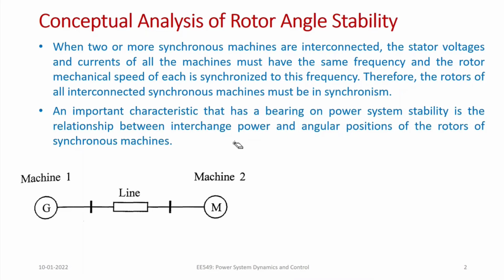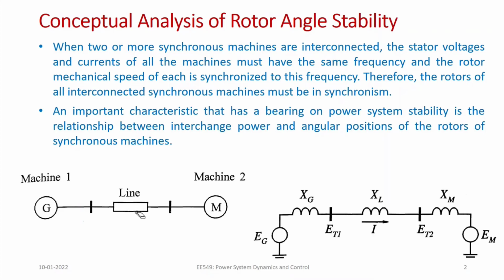So let us consider here two machines. They are connected together through a transmission line. Okay, this is your transmission line. And we will draw the equivalent circuit of these two synchronous machines, one a synchronous generator and the other a synchronous motor, connected through a transmission line, right?